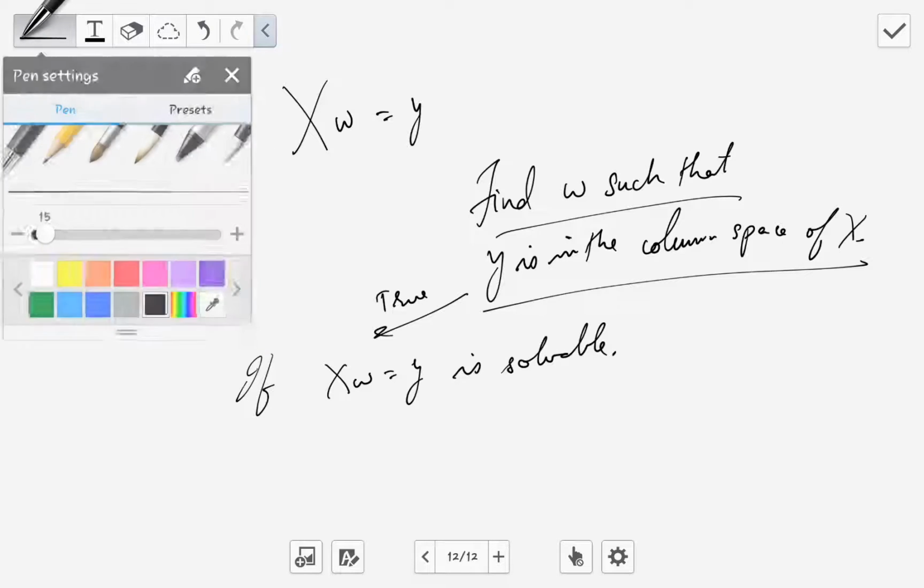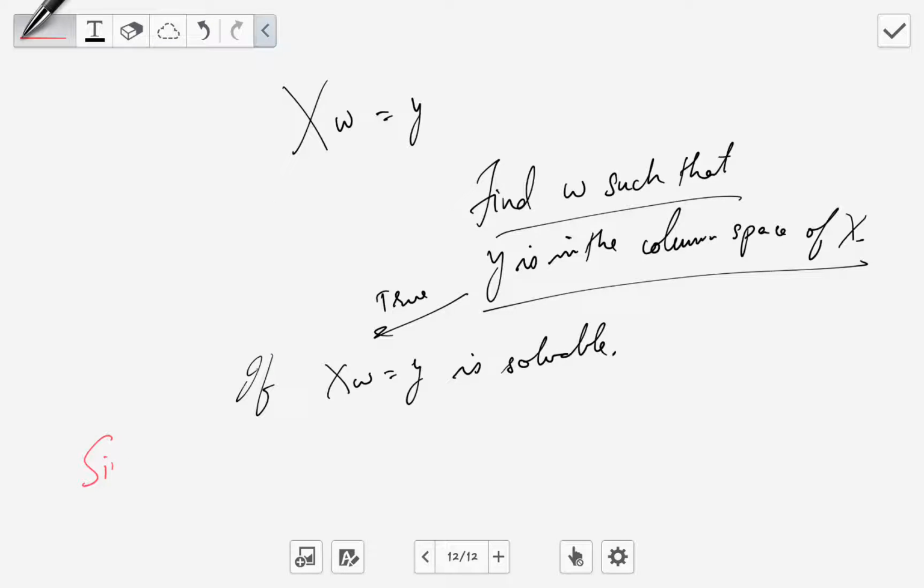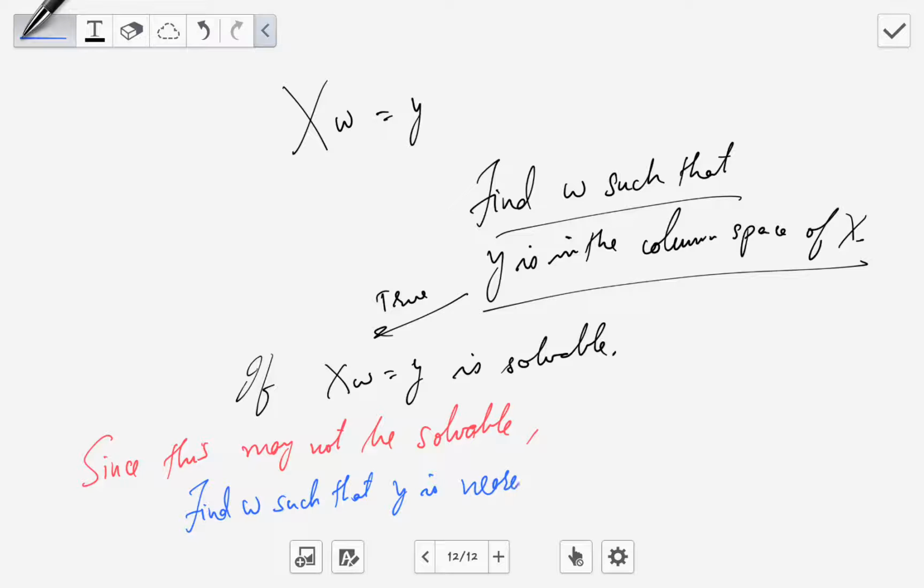Since this may not be solvable, we want to change the statement to: find W such that Y is nearest to the column space of X.